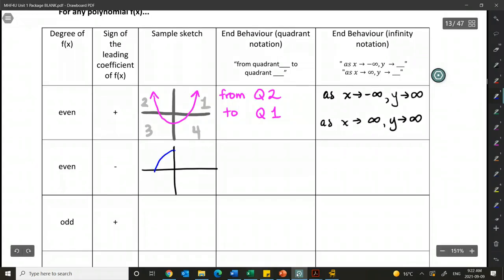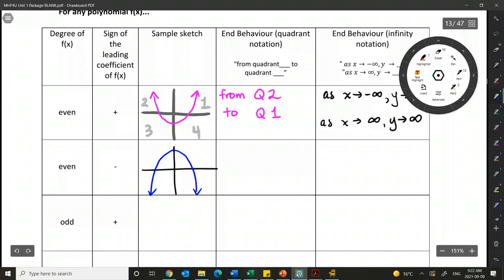If we think about transformations from last year, it's just the same as what we have above. It could be shifted left, right, up, down, could be stretched or whatever, but it's always going to follow this general pattern. So if these are our quadrants, what would we say for quadrant notation for this one?